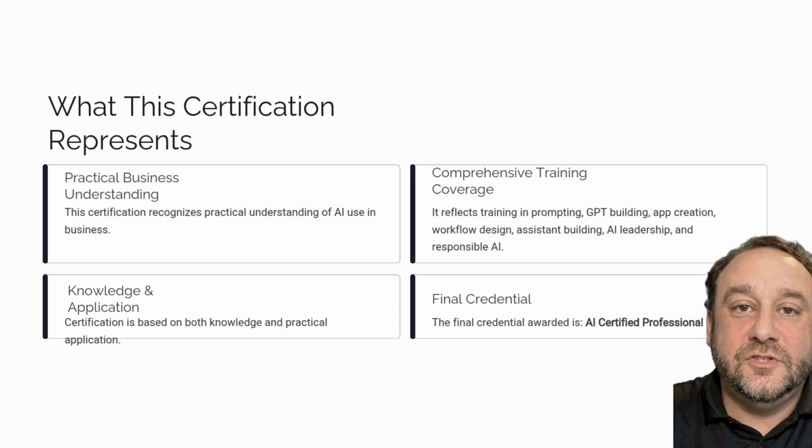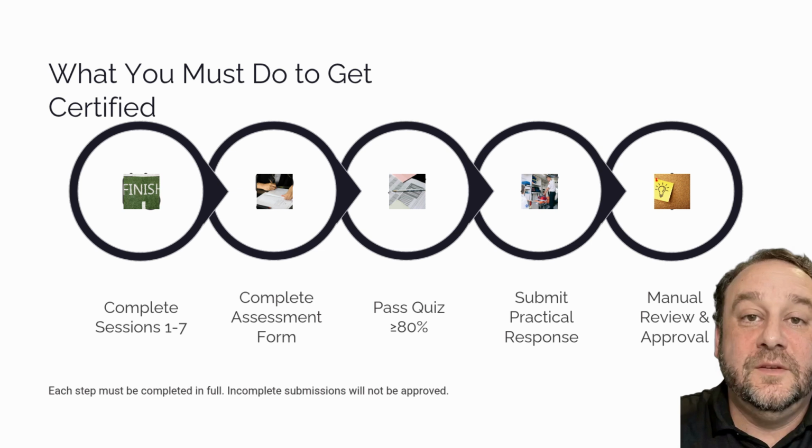The final credential awarded through this process is AI Certified Professional. That credential is meant to signal that you completed the program, passed the assessment, and demonstrated practical understanding of the training. In other words, this certification is about both knowledge and application. To earn your certification, there are 5 things you must complete.